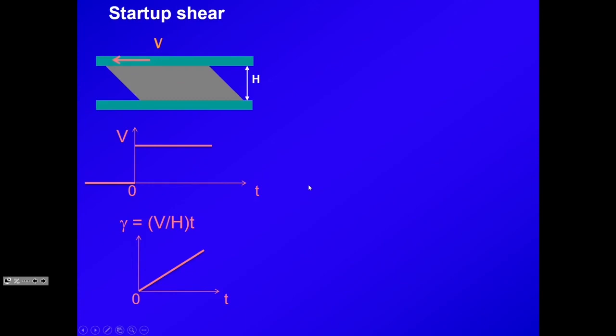In other words, does your material feel like a piece of solid or feel like a piece of liquid? Initially. And here I have to make a remark that through my experience, there are people who have finished their career in rheology and are unable to answer this question correctly.